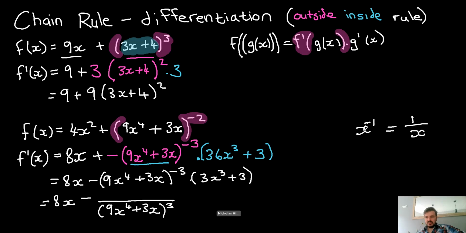So it comes from that rule. So that 9x4 plus 3x to the -3 could go to the bottom and become +3. This bit here, the 36x cubed plus 3, that remains at the top because it's got a positive exponent. And you could do it like that.